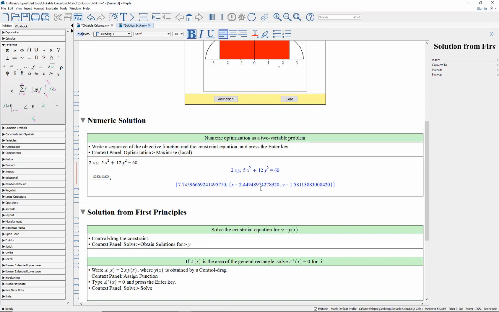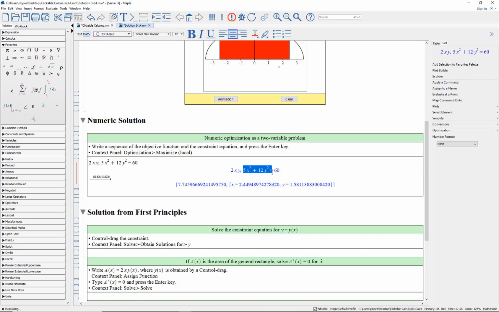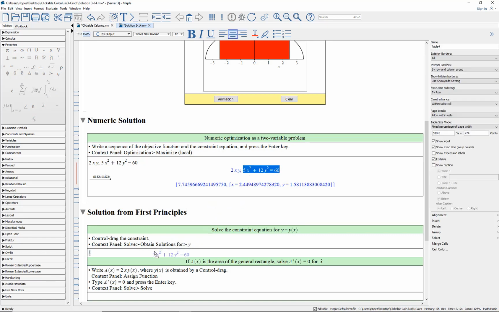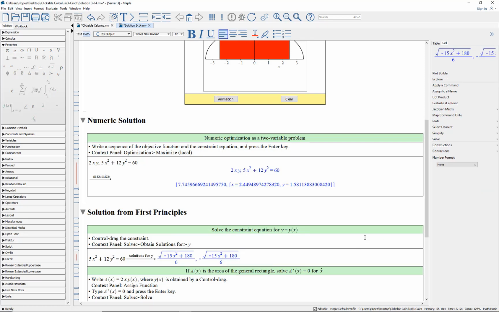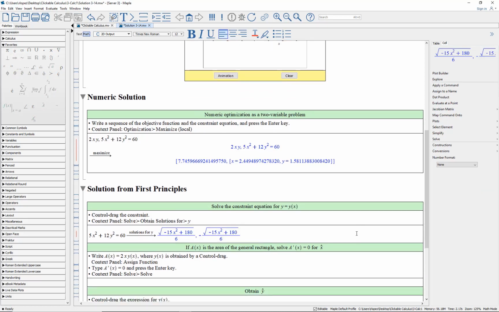And now a solution from first principles, the kind of computation that you would expect in a calculus course. Well, we need to solve for either x or y in the constraint equation, because this is a calculus of a single variable. So let's grab this constraint equation, drag it down, and let's solve for y. There are two branches.